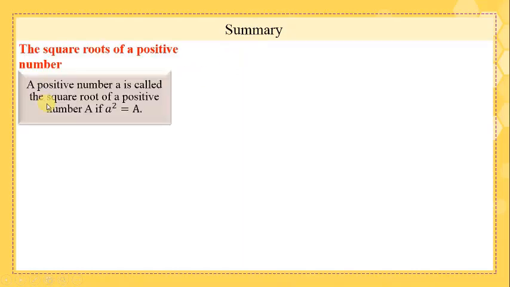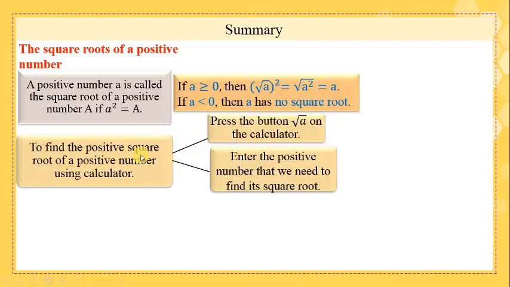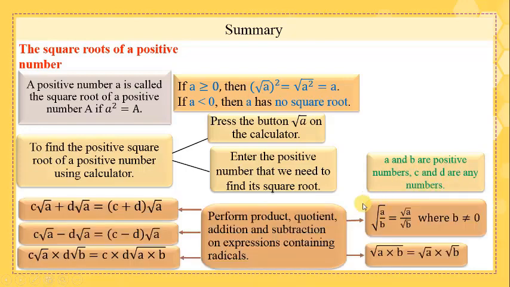Summary. We've seen from the previous videos a definition of the square root, that a negative number has no square root, how to find the positive square root of a positive number using a calculator, and if a, b are positive numbers, c and d are any numbers. We have seen operations on square roots, how to perform product, quotient, addition and subtraction on expressions containing radicals.